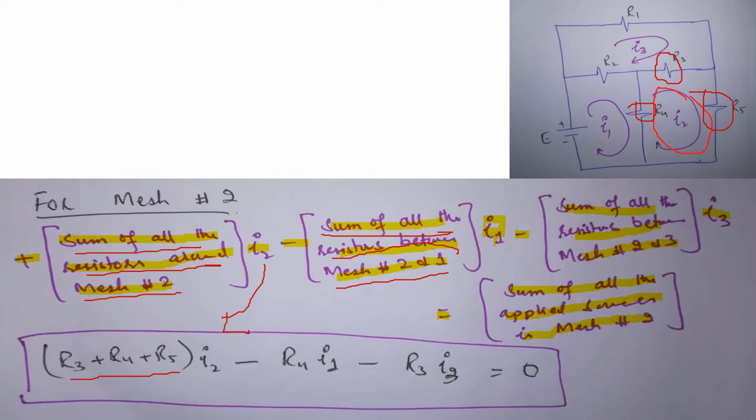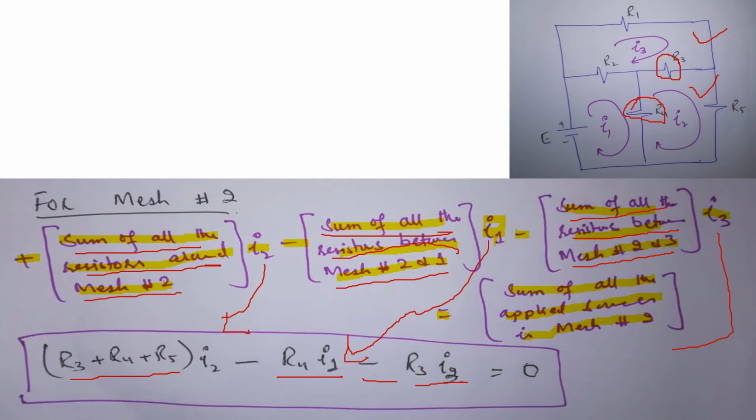From the figure we can see that only R4 is common between mesh 1 and mesh 2, so we write R4 into I1, minus the sum of all the resistors between mesh 2 and mesh 3. We can see that only R3 is common between mesh 2 and mesh 3, so we write R3 into I3. This is equal to the sum of all the applied sources in mesh 2.